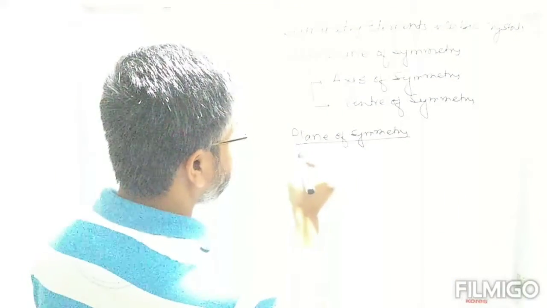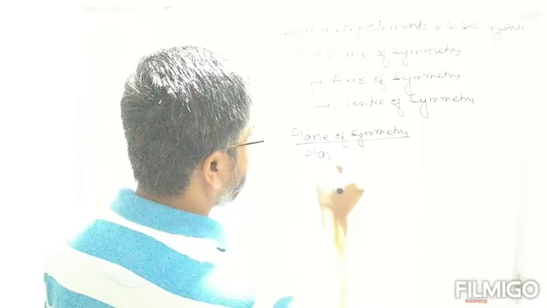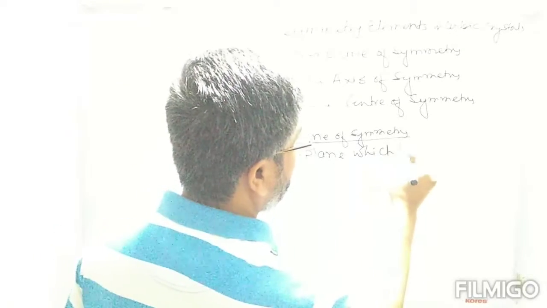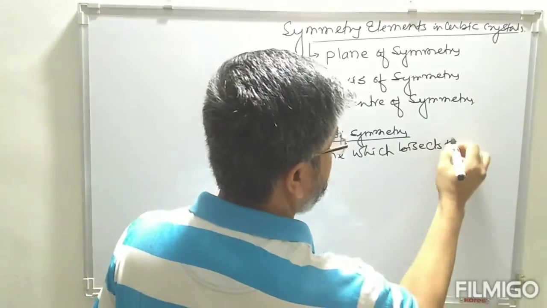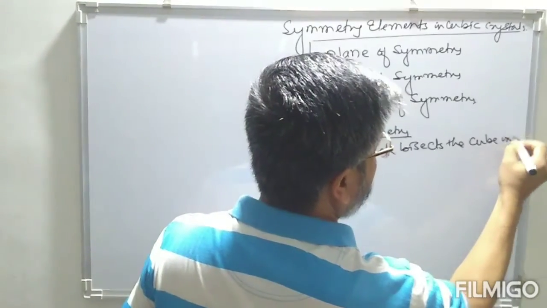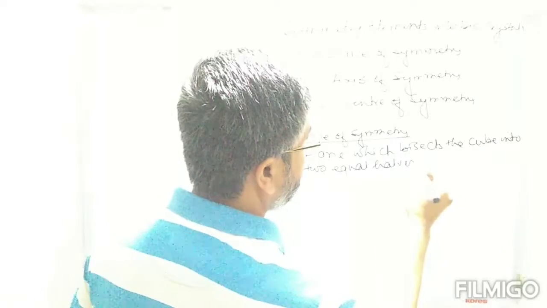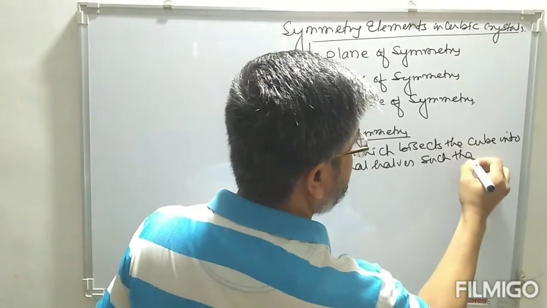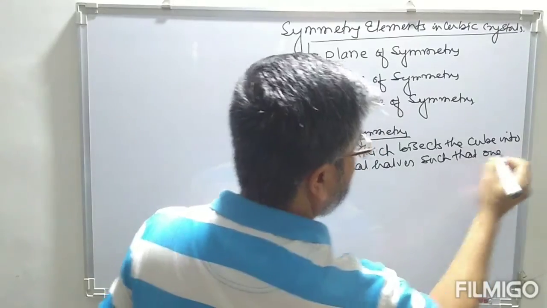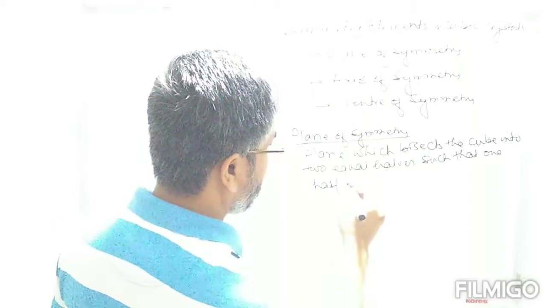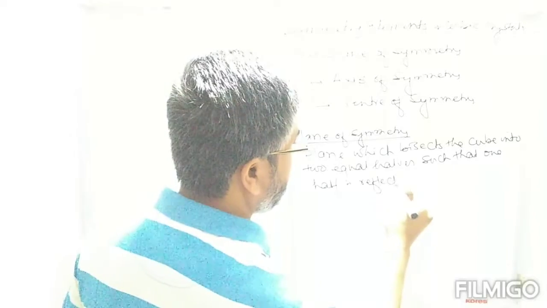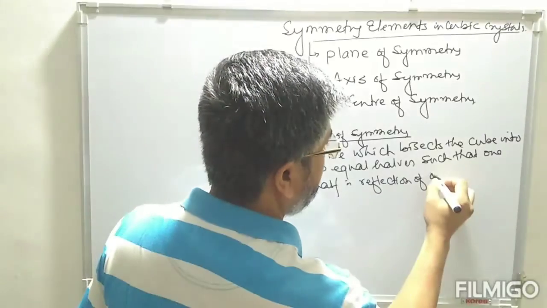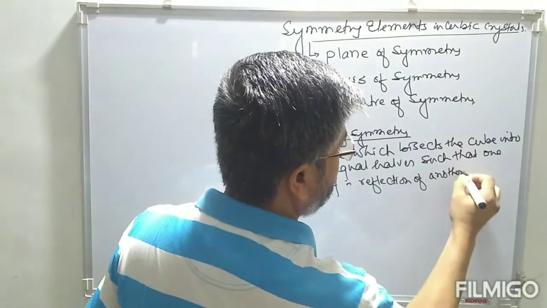So under this plane of symmetry, this is a plane which bisects the cube into two equal halves such that one half is a reflection of another half.